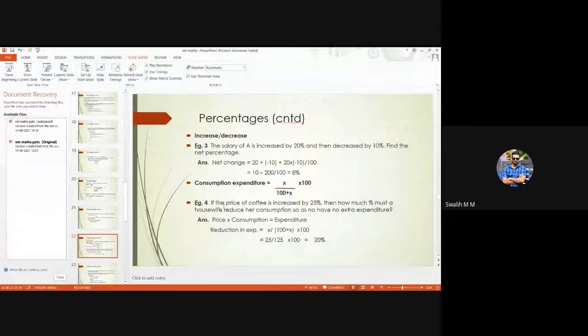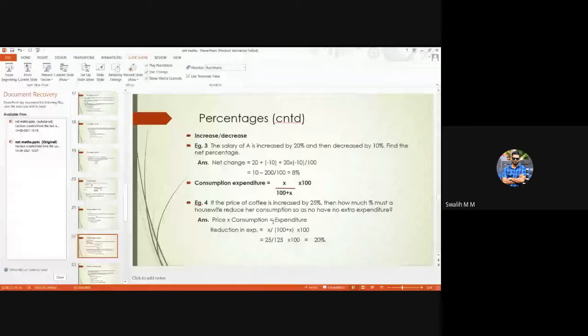Now, another format of questions you get, see, if the price of coffee is increased by 25%, then by how much percentage must a housewife reduce her consumption so as to have no extra expenditure? It means the price is increased, but the person doesn't want to increase her house expenditure. So what should she do? The expenditure should remain same.